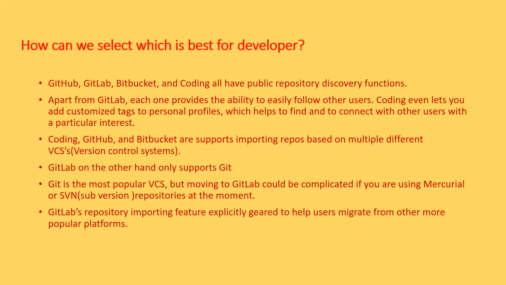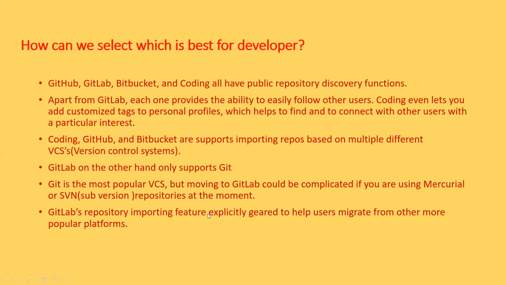If you and your team are working on Git and you are moving to GitLab, that's fine so far. But if you are moving from other repositories like Mercurial or SVN at the moment, it is difficult to import. You have to copy everything. This is very complicated when you go for GitLab.